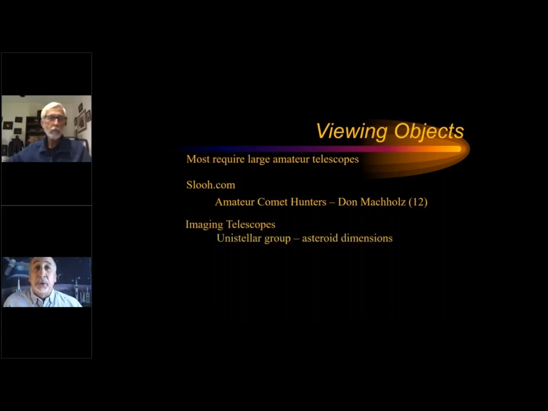You can actually purchase telescopes that have imagers built in, such as the new Unistellar telescopes. They have an imager built in, and there are actually groups of amateurs using these telescopes. I'll share some information about that. And then you can use NASA's telescopes, believe it or not.